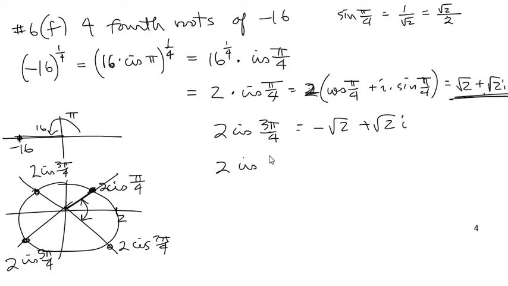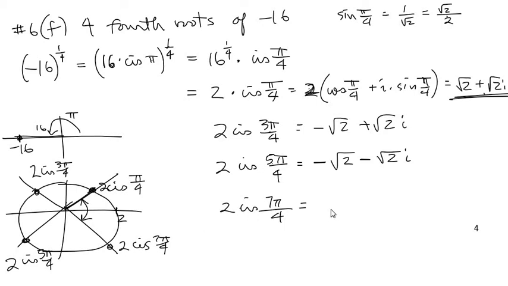And we get another answer in the third quadrant. Sorry, that's 4. So again, 5 pi over 4 has got a reference angle of pi over 4. So the answer is going to look a lot like the first one, except the sine and the cosine are both negative in the third quadrant. And finally, 2 cis 7 pi over 4 in the fourth quadrant. 7 pi over 4 is in the fourth quadrant.